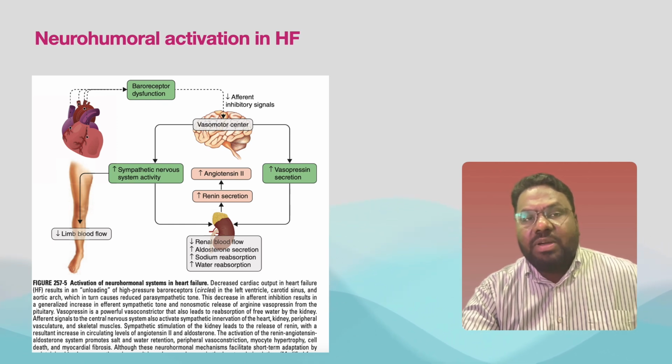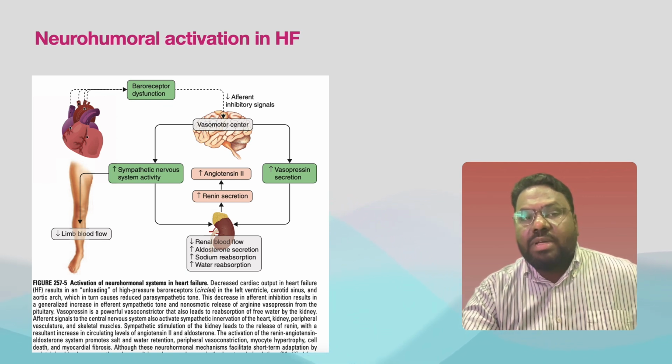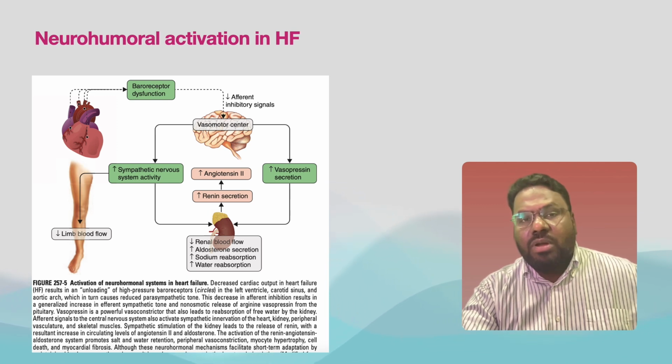So all these are because of this baroreceptor dysfunction. Now, increased sympathetic nervous system activity can also result in decreased limb blood flow. So increased sympathetic activity, because of vasoconstriction, peripheral vasoconstriction occurs and there is a decreased limb blood flow.